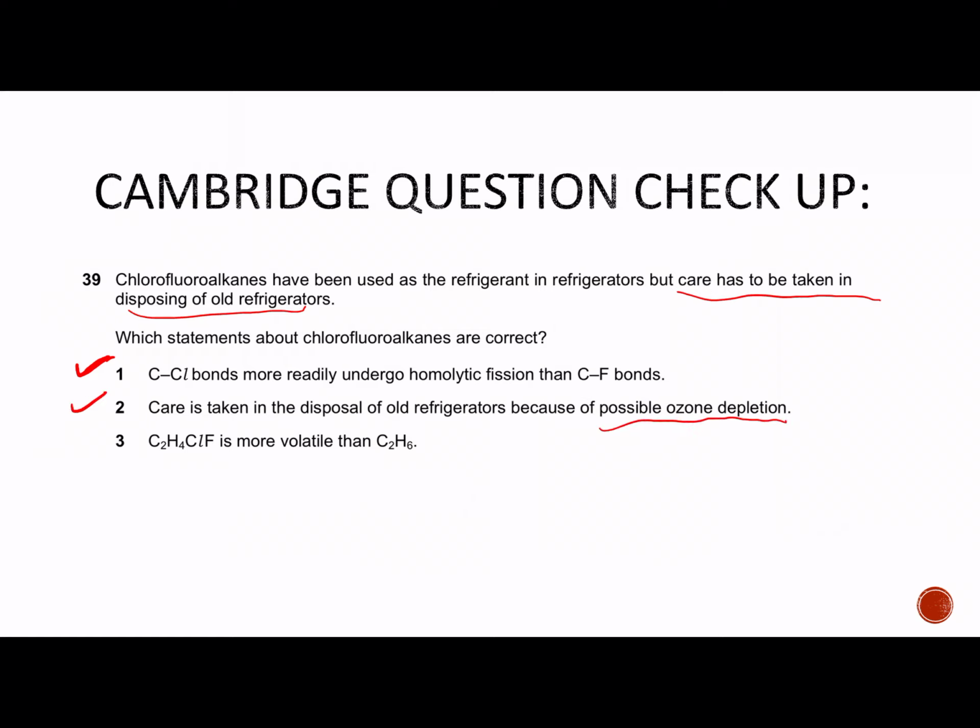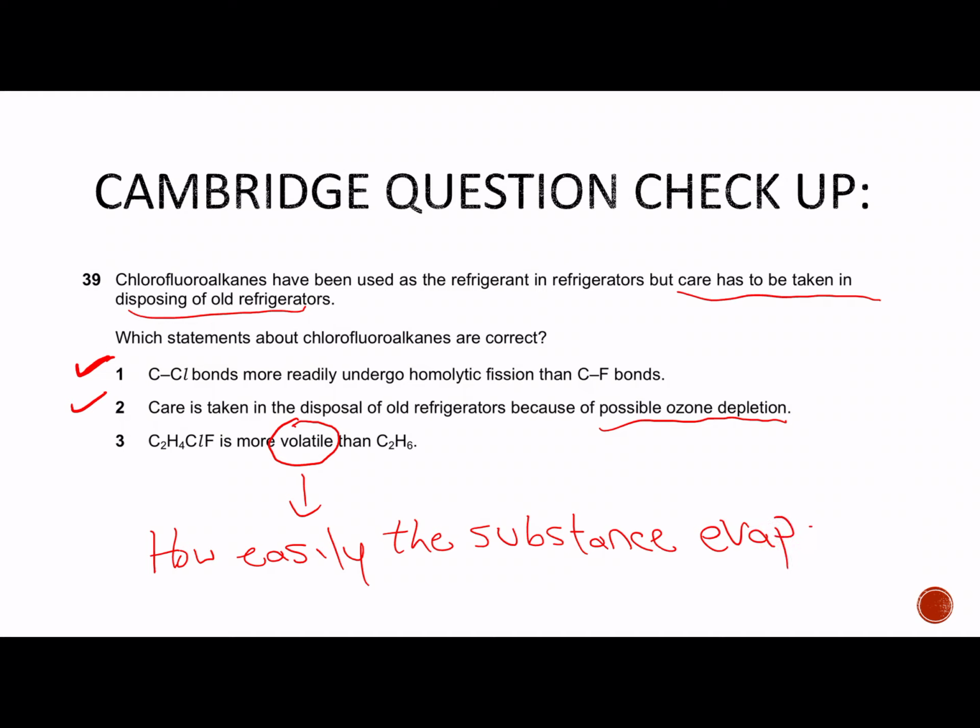Final statement, C2H4ClF is more volatile than C2H6. So remember, volatile means how easily the substance evaporates. When we're looking for how readily the substance evaporates, we're looking at intermolecular forces.